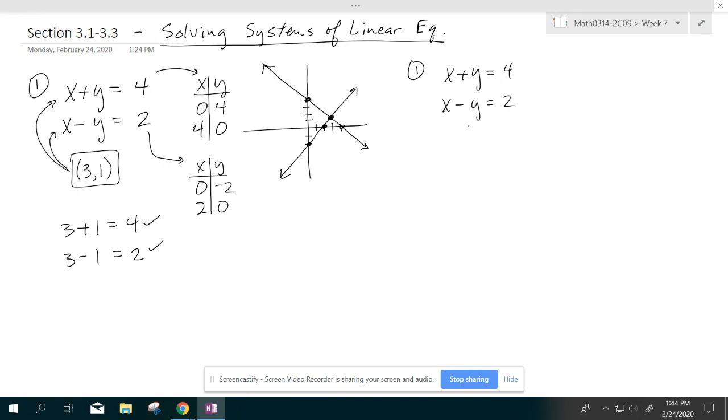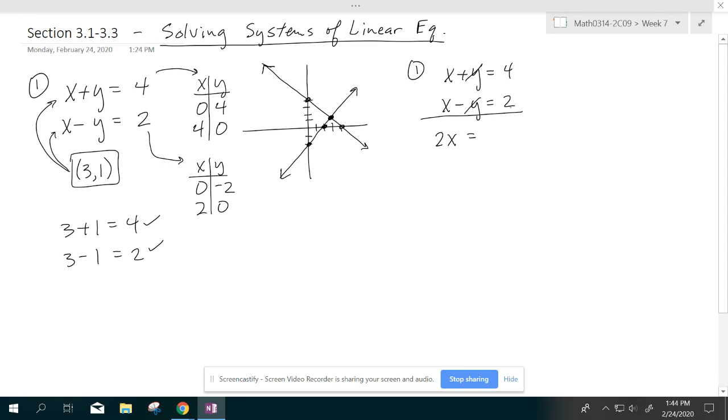So if I add those together, which letter will cancel? y. And so we're going to use the addition method, which pretty much does what it says. You're going to add x plus x. There you go. Plus y minus y.